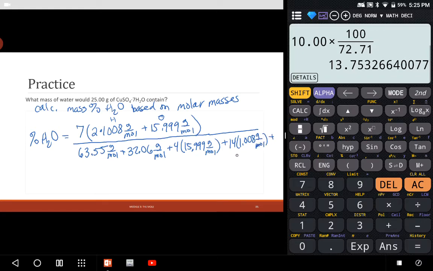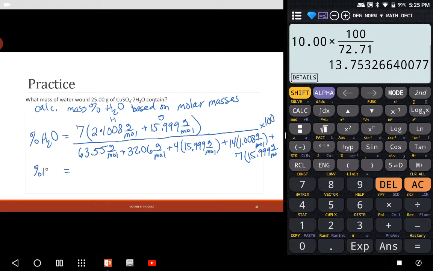And then that is 7 waters, 7 oxygens again. And then I would take the whole thing and I would multiply by 100 in order to work that out.